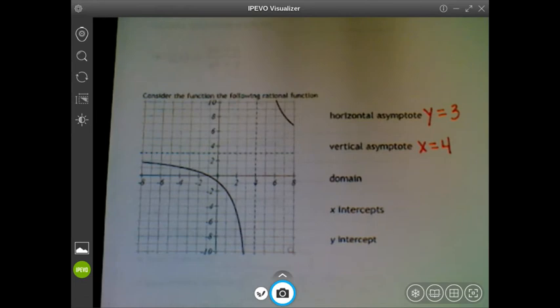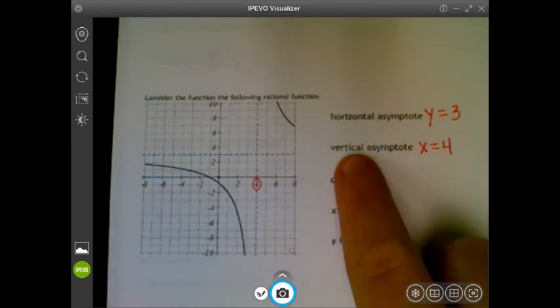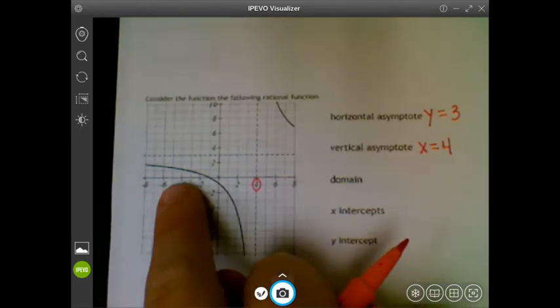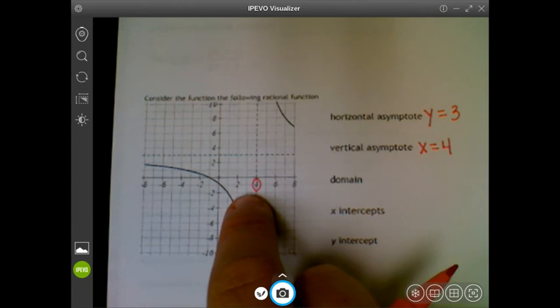All right. In terms of the domain, remember domain is talking about all of your x values. All of these values are included. All these x values have a spot on the graph. The only one that doesn't is here at 4, and that's because at 4 there exists a vertical asymptote. So your domain is literally everything until you get to 4. 4's out.